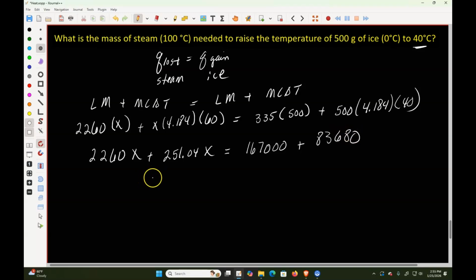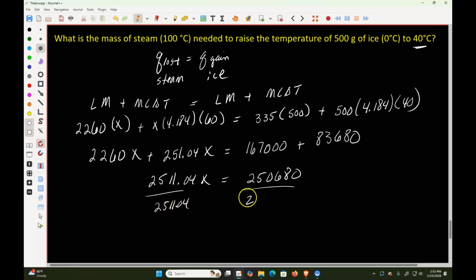Adding up all of our like terms, I have 2511.04x equals 250,680. So x is equal to 99.83 grams of steam.